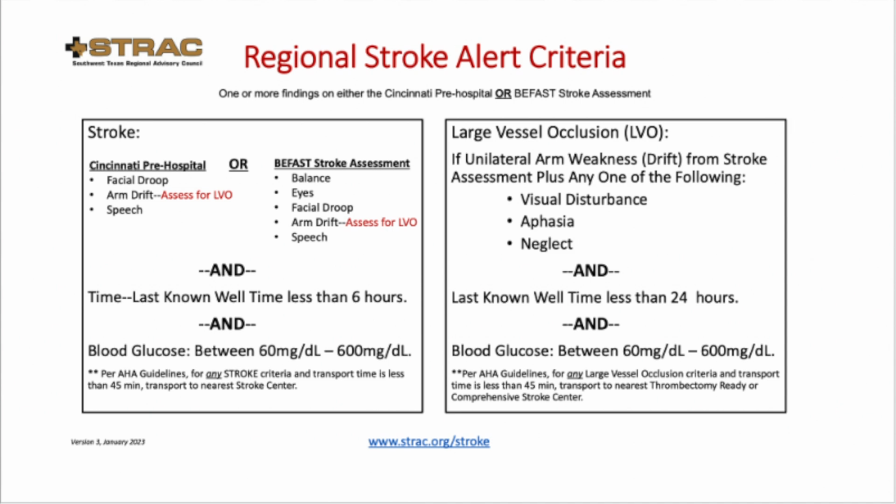However, if there is concern for LVO, we can extend the last known well time to up to 24 hours. And this is because thrombectomy is a possible treatment up to 24 hours from symptom onset, whereas the regular stroke protocol, and specifically the implementation of any TNK or any other clot busting medications, those normally have to be done within about 6 hours or so.